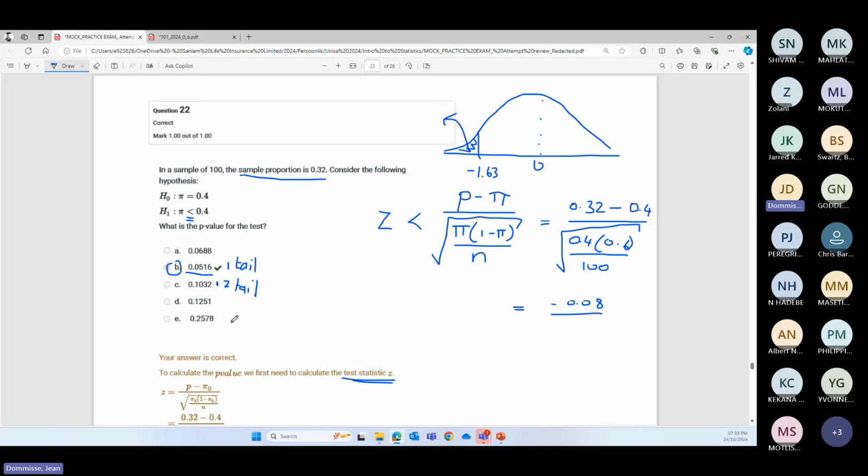Yes. Spot on. Okay, thank you. So the two tail is basically the one tail times 2. So what you get out of the table, the 0,0516, if you need to get it for the two tail, you basically multiply that by 2. Spot on.